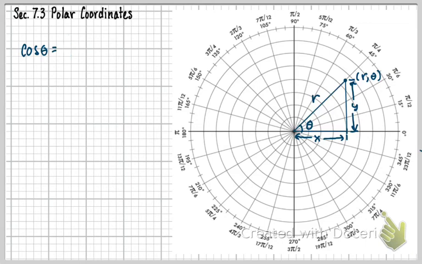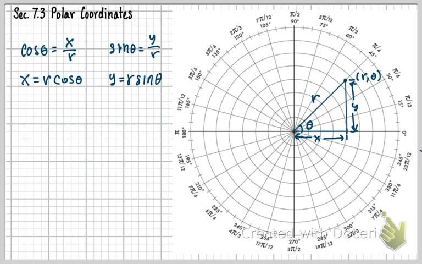If I solve this equation for x, I get x equals r cosine theta. Similarly, the sine of theta is y over r, and if I solve that for y, y equals r sine of theta.